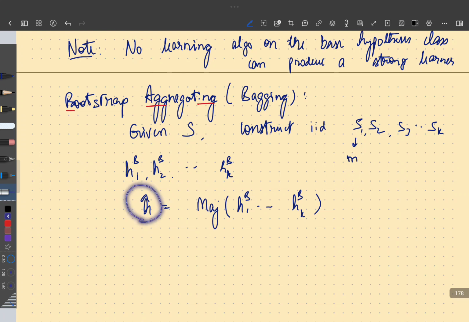But the point is that, okay, here's a question for you. This H hat, does this H hat belong to the base hypothesis class?